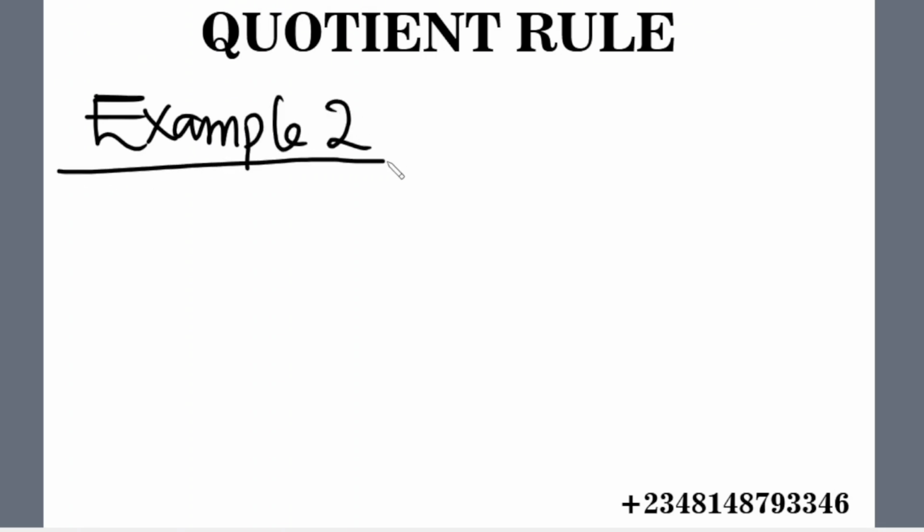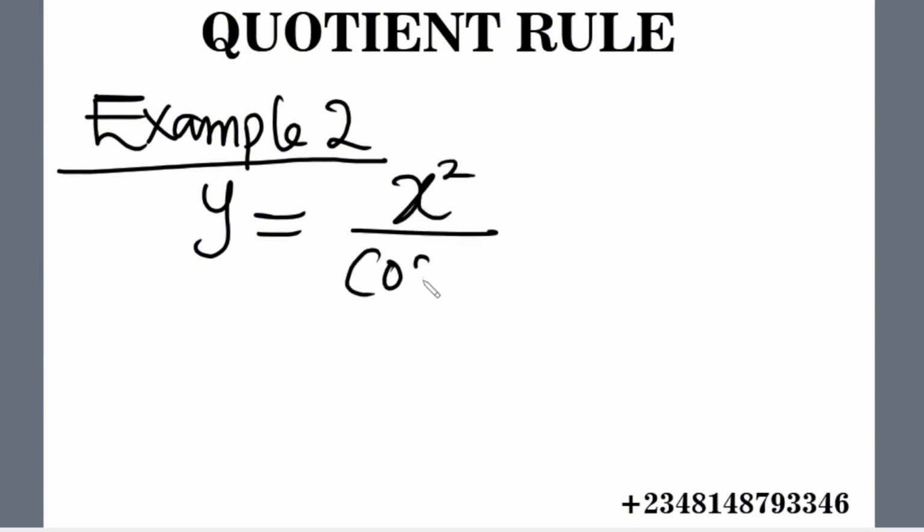Example 2. If y equals x raised to the power 2 all over cos x, and we are asked to find dy all over dx, how do we go about it? Remember, u is always the numerator and v is always the denominator.